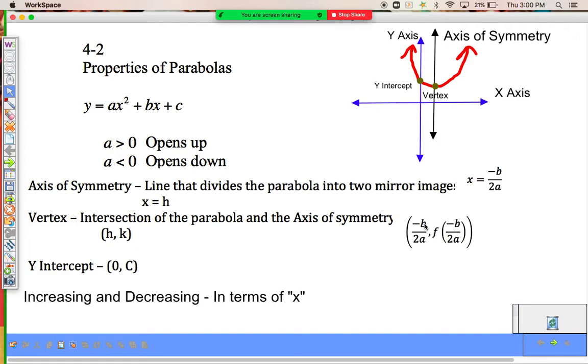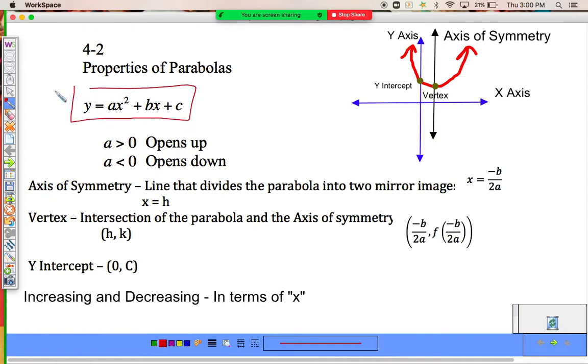All right, so this is the same stuff we just talked about, but instead of having it in the HK form, we're going to talk about the equation y equals ax squared plus bx plus c. So we're going to be given a different form to start. We're not going to be able to look at it and tell what our vertex is. We're going to have to do just some basic math.